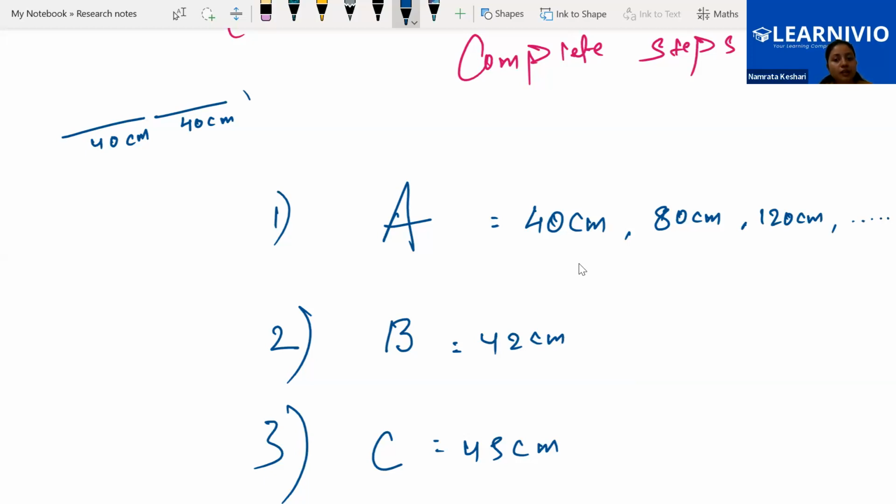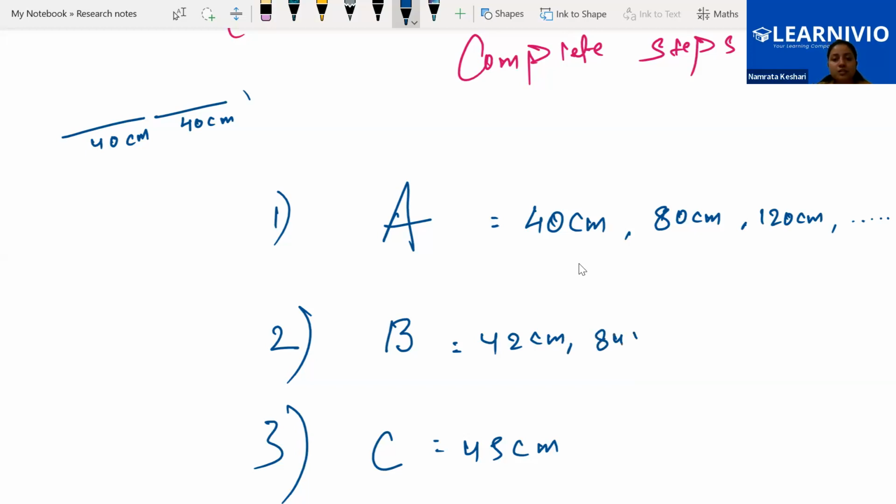Okay. Similarly, the first one is 42. The next one will be 42 plus 42, that is 84. 42 plus 42 is 84.